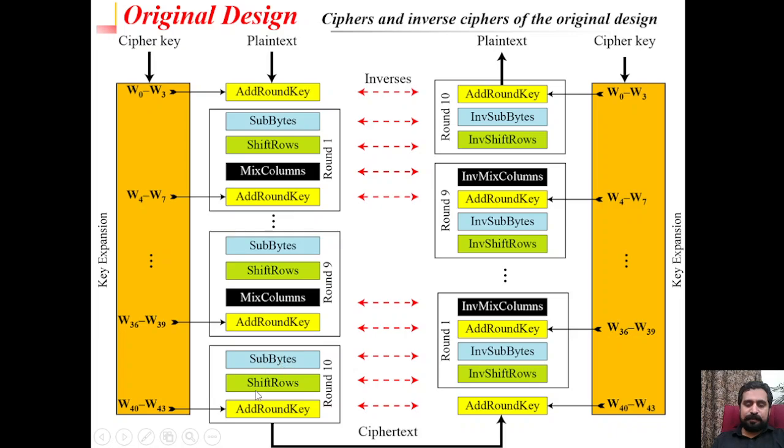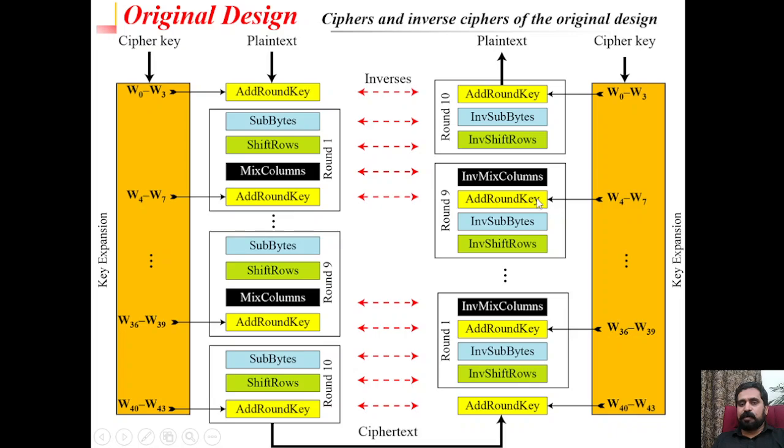We separate round 10 because here we skip the mix column operation, but we use W40 to W43 generated from the cipher key words in the add round key. This is the original design for the 128-bit AES variant, where we have 10 rounds and use a combination of 4 words in each round.